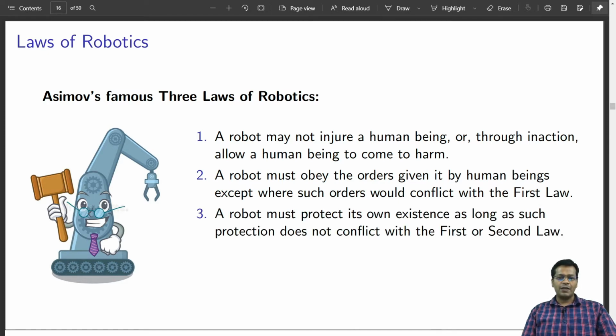And the third law says a robot must protect its own existence as long as such protection does not conflict with the first or the second law. That means it will protect its own existence, it won't commit suicide. At the same time, while doing so, it should not kill the humans around, or take up any order that kills itself or any human around.